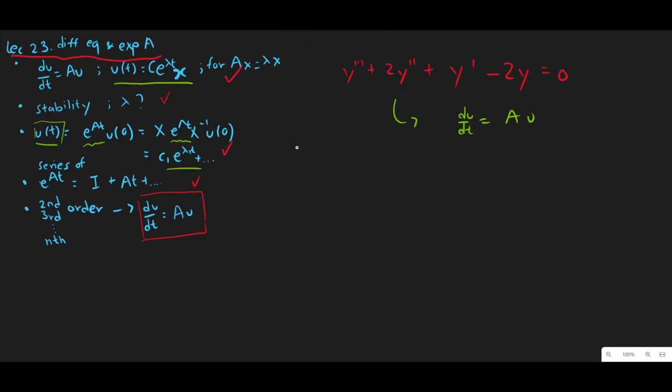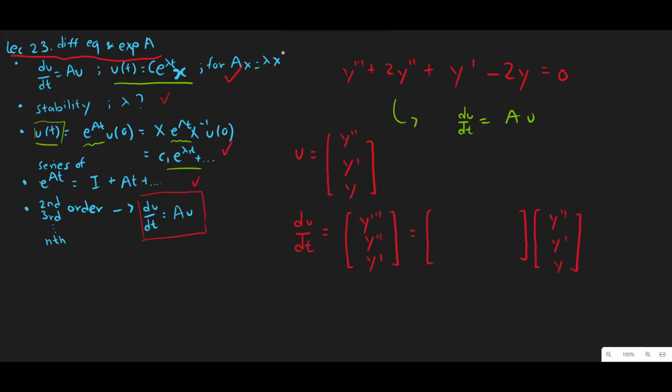Now the trick is to express the u in terms of y second order, y first order, y, okay, and then you will have du/dt will be, of course, the third order, second and first order, and this will equal some matrix times the original u.